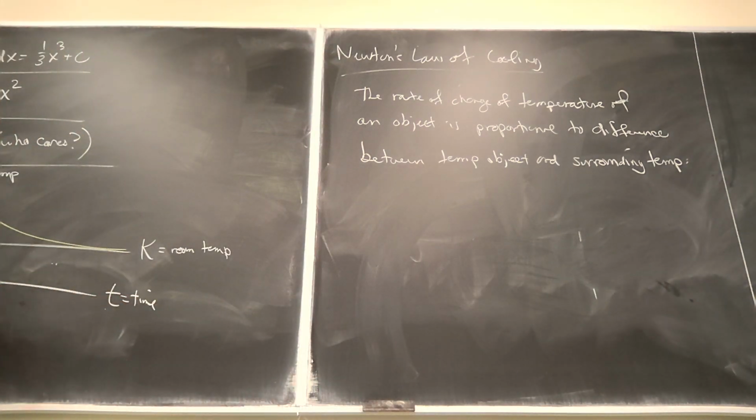Seems reasonable. The bigger the difference, the faster the cooling. Smaller the difference, the less the cooling. The closer the temperature of the object is to the ambient temperature, the less cooling happens. Slows down.